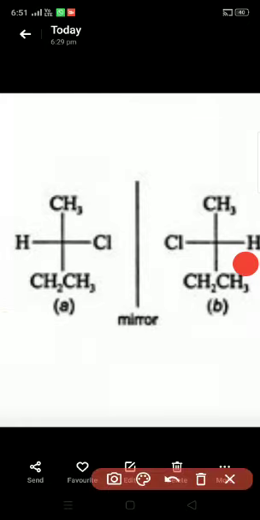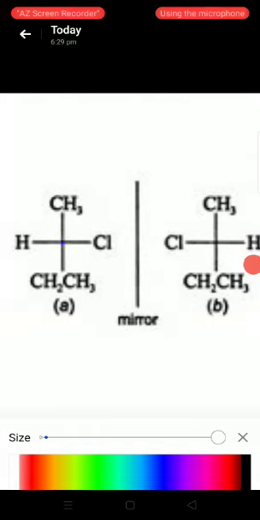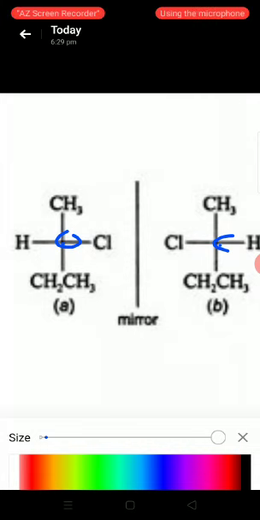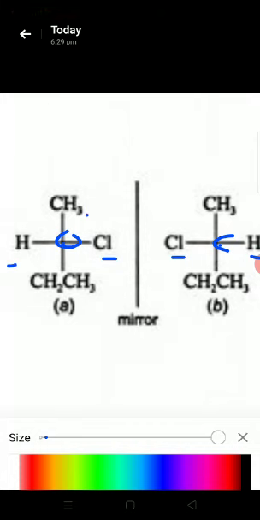See here, this is an asymmetric carbon atom, attached to 4 different atoms or groups: chlorine, hydrogen, CH3 and C2H5.